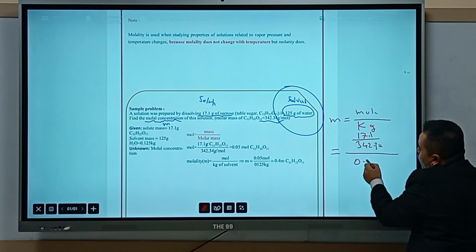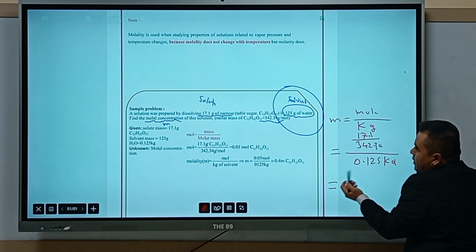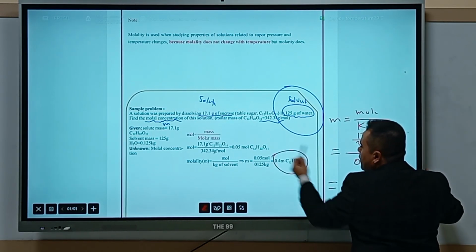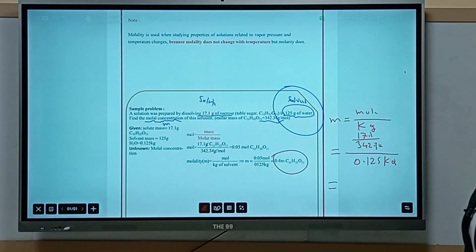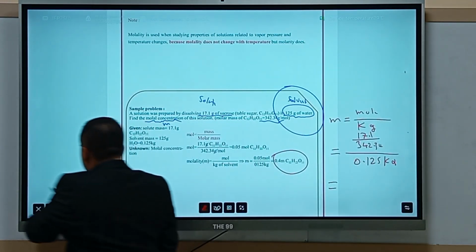So you'll get 0.125 kg of solvent, of water. And the result we have got is 0.4 molality of sucrose.